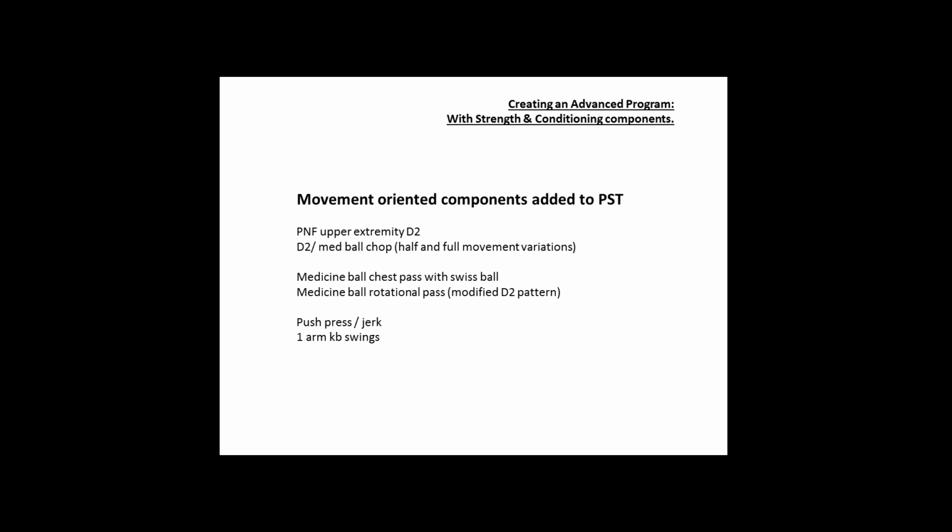This would emphasize the bracing component. And then we can also add in exercises like the push jerk or push press or kettlebell swings, also very much employing and emphasizing lower body drive, core control, and extremity acceleration. In other words, benefiting from the lower body and the core work.